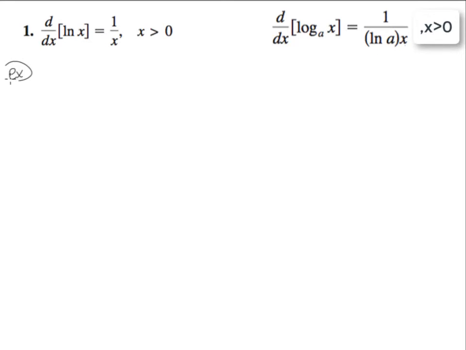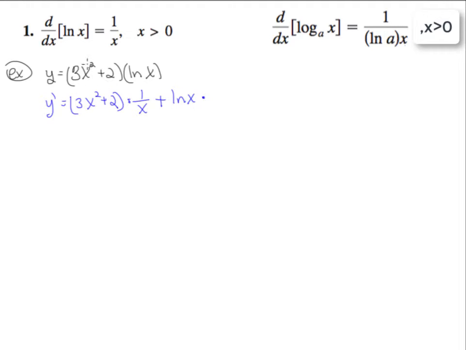So let y equal 3x squared plus 2 times the natural log of x. I'm going to use the product rule to find the derivative of this function. When I differentiate, I take my first term times the derivative of the second term, which is 1 over x, plus my second term times the derivative of the first term, which is 6x.